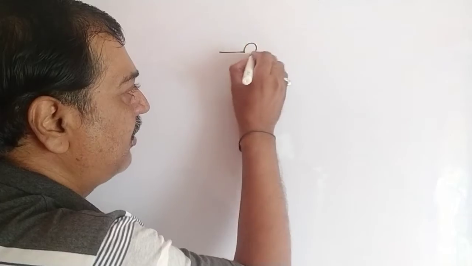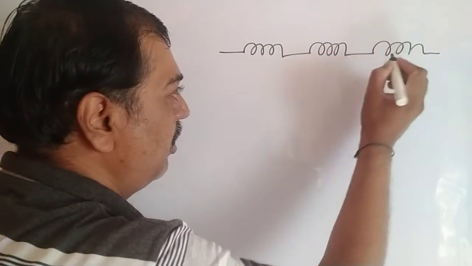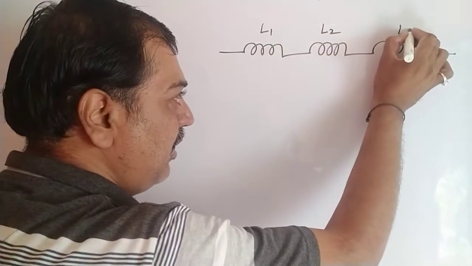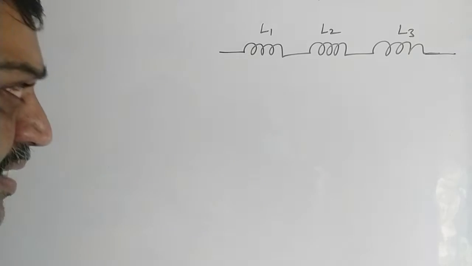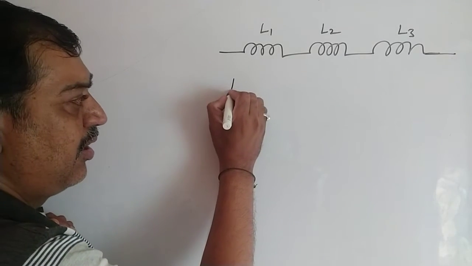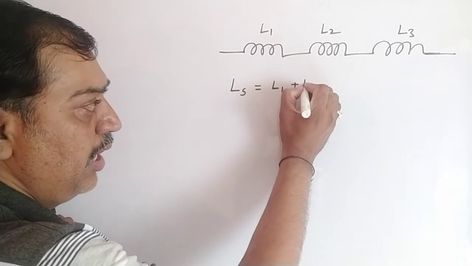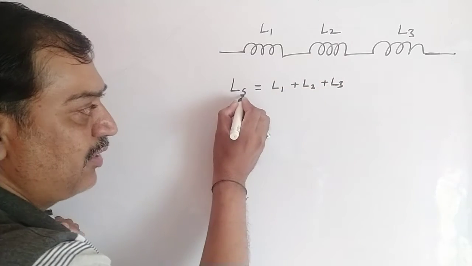Same way, suppose three inductors L1, L2 and L3 are connected one after the other in the form of a chain, then they are said to be connected in series. In this case, the resultant inductance of the circuit is the sum of the inductances, L1 plus L2 plus L3.